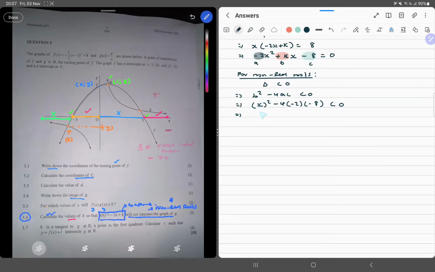This is k squared minus 64 less than 0, because 8 times -8 is going to be -64. So again, don't solve quadratic inequalities by transposing that to that side and solving. You're going to run into problems. This is basically a difference of two squares. Factorize.